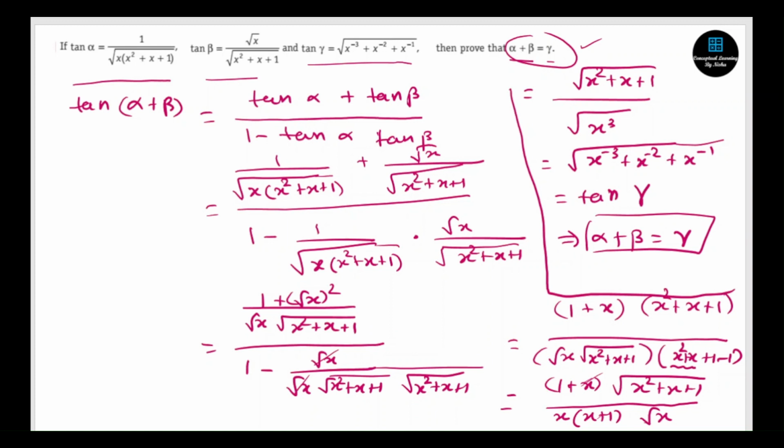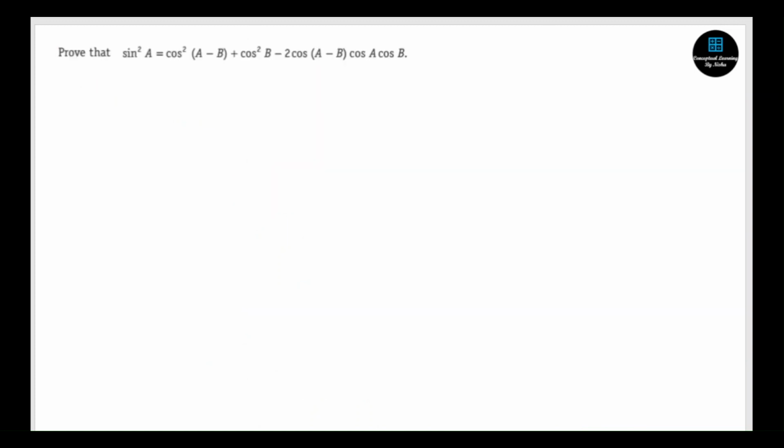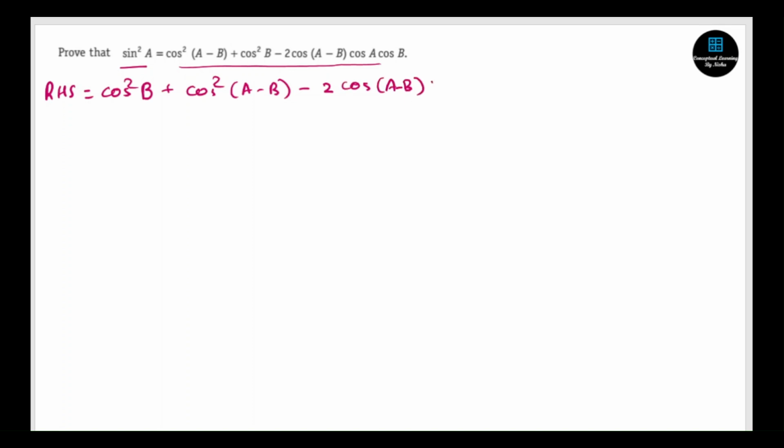Alright. Perfect. Now one more interesting question. So here we have to prove that sin square A equals this given value. So we'll start with the RHS value. And I'll rearrange them as cos square B plus cos square A minus B minus 2 cos A minus B into cos A cos B. Alright.